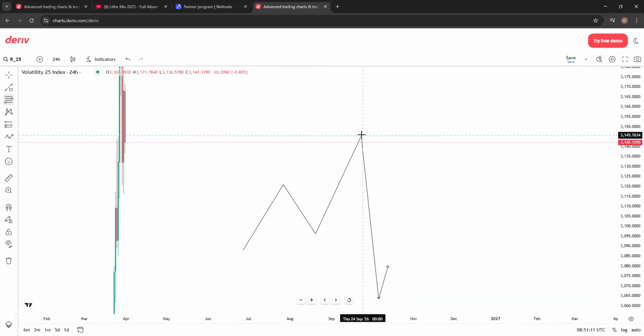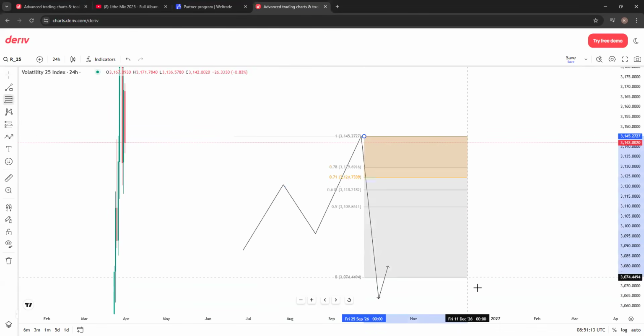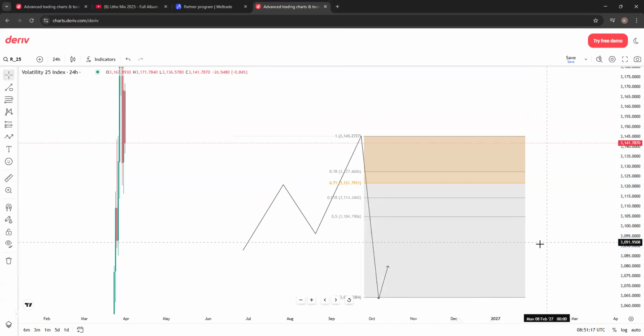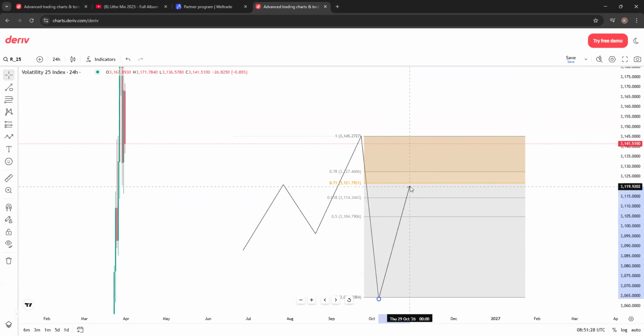Since we are selling, we drag it from the high to the low, and what we now wait for is price to come and react in our reaction zones. We have the 0.58, the 0.61, and the 0.71, like I said. We wait for market structure in smaller time frames to come into those zones and give us a play out.